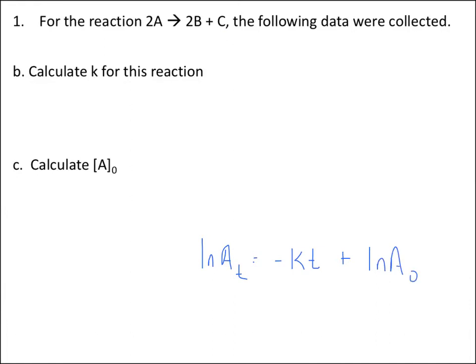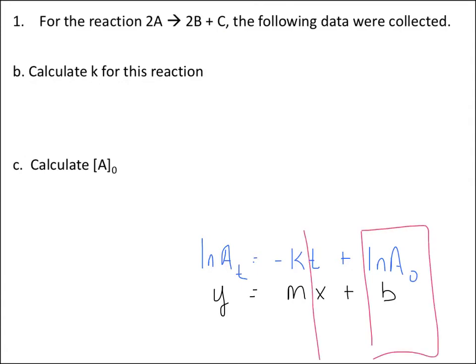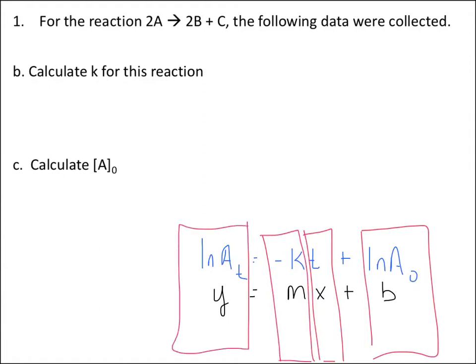We know that this is a y equals mx plus b relationship. My x is my time, my slope is my rate constant, and then the other terms go together as well.